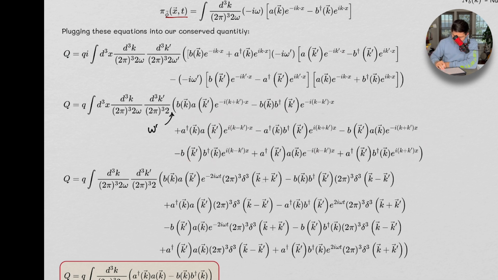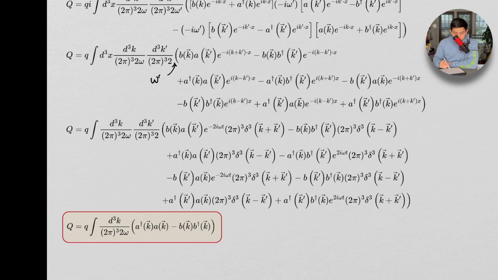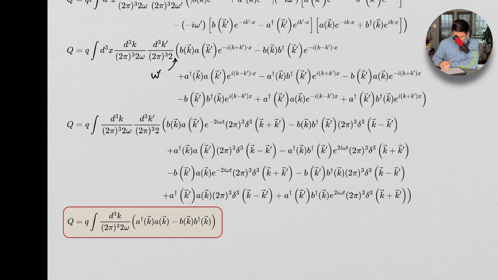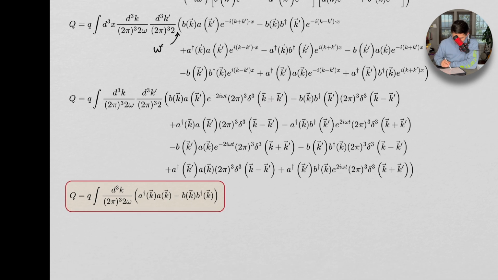And then from this, we use our Fourier identities that we've been dealing with for a while now, and we put all those in, and ultimately we get to this point here, because a lot of these are going to collapse the k primes to k's. Okay, and then we use the commutation relationships between B dagger and A dagger, and ultimately what you get is this guy right here.